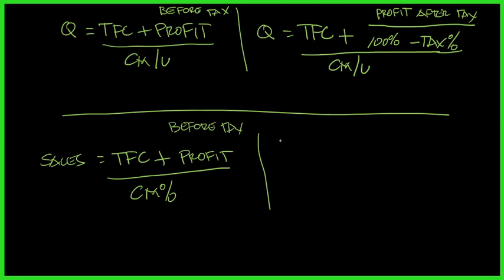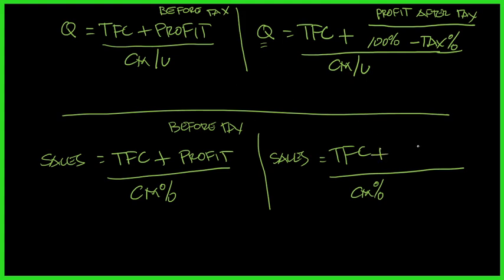By applying this approach, your target sales is now equal to your total fixed cost divided by contribution margin percentage. Napansin niyo ba, per unit yan if we're looking for the quantity. Pero pag sales, it's always in terms of percentage. So those are the patterns that you have to take note of.